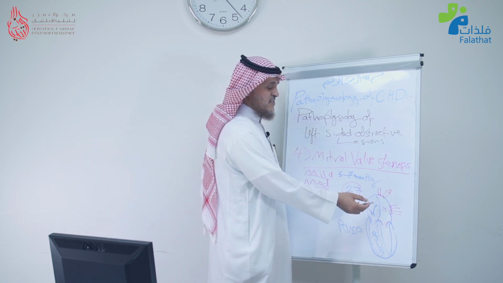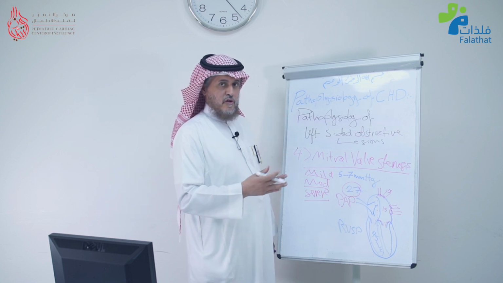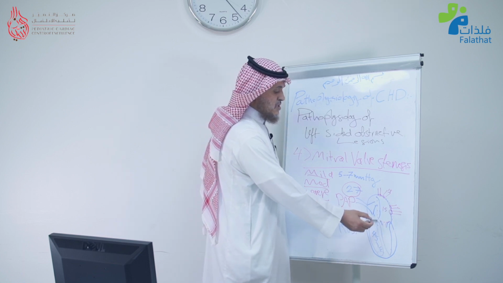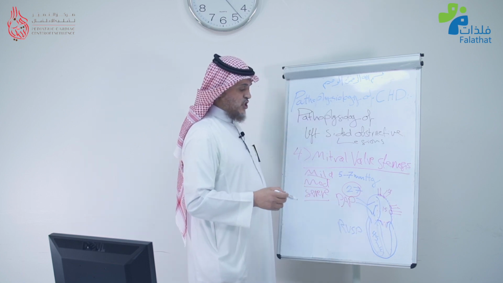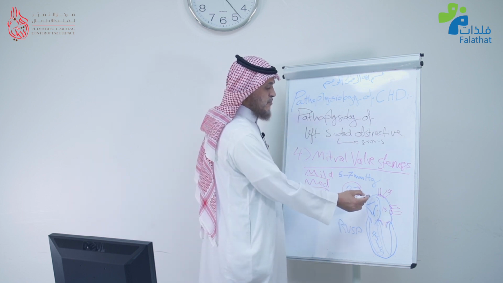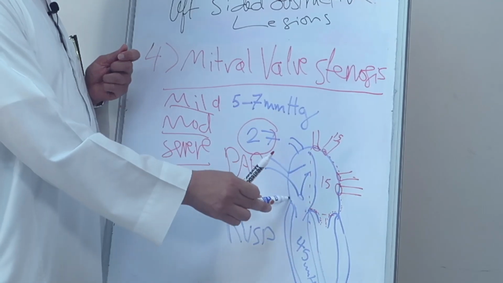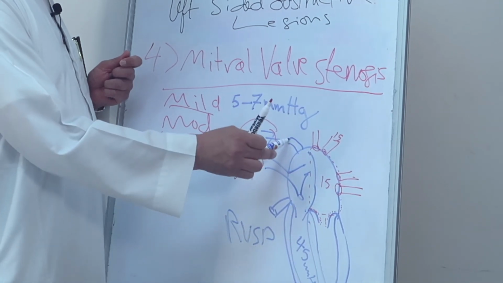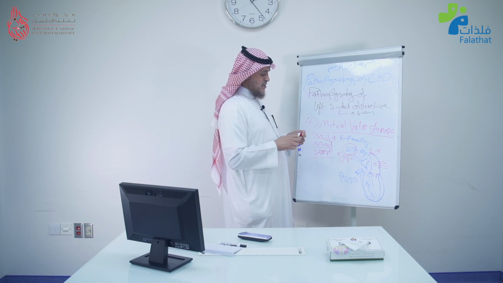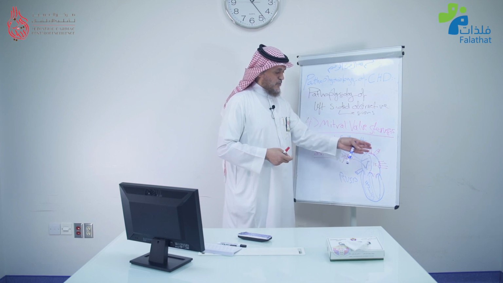We do not expect any significant pulmonary valve regurgitation, nor any tricuspid valve regurgitation in such a patient, and no venous pressure elevation in the right atrium, nor in the superior vena cava or the inferior vena cava.